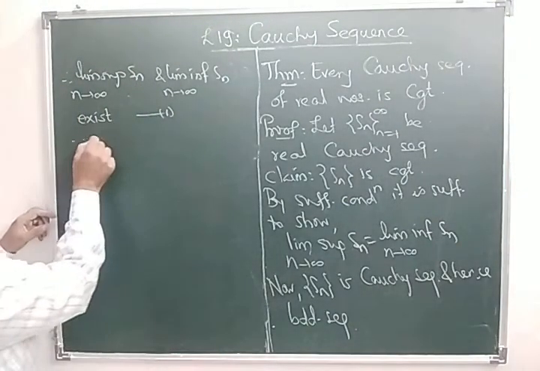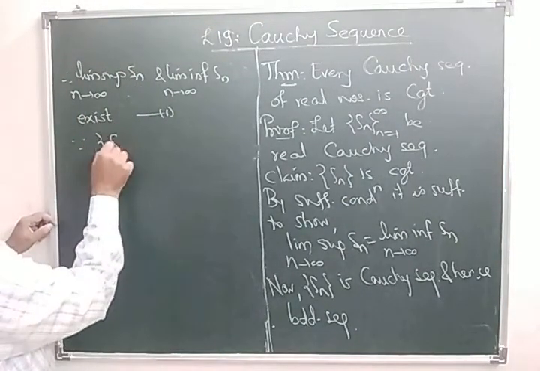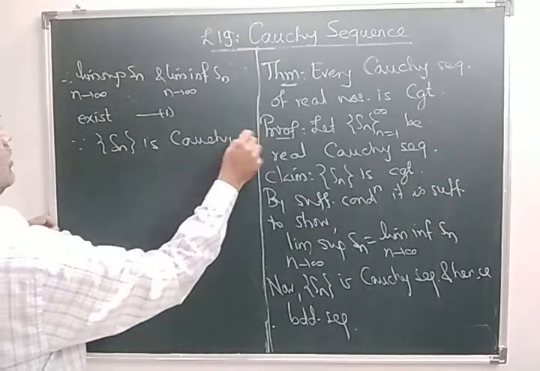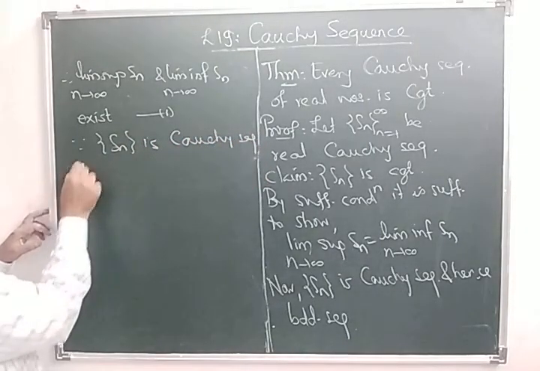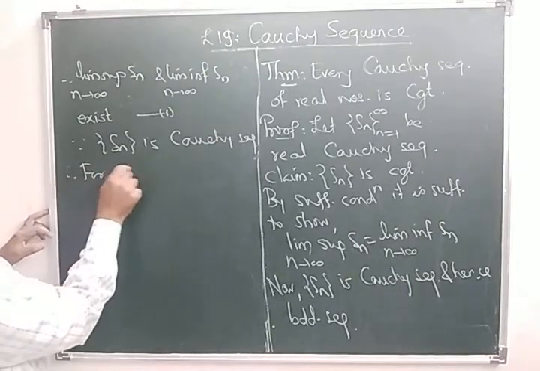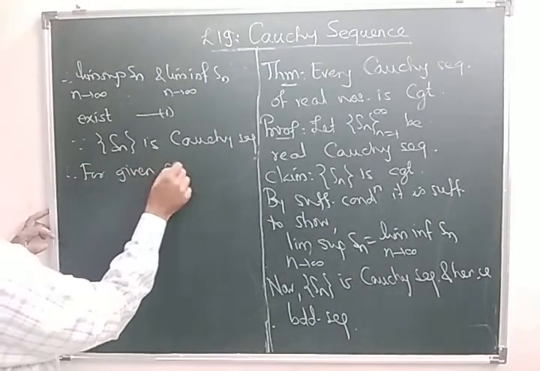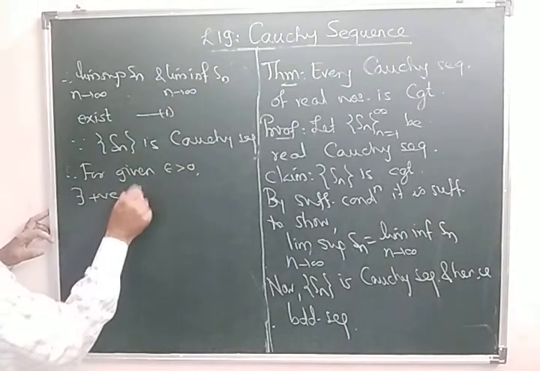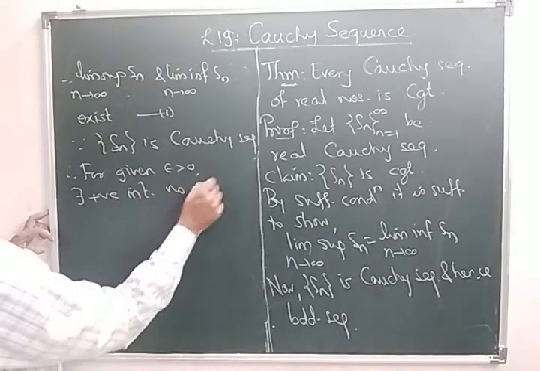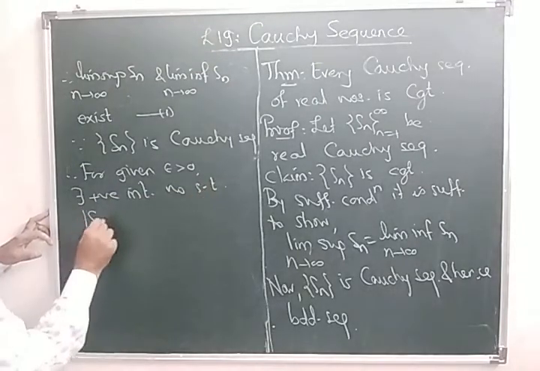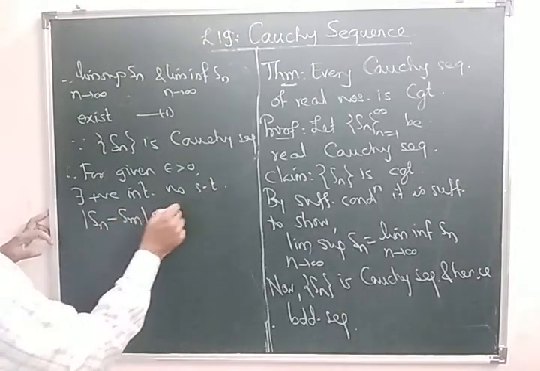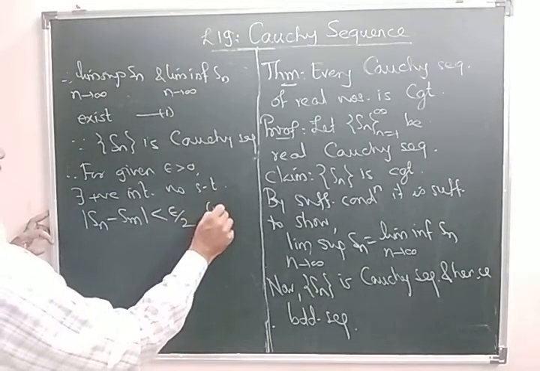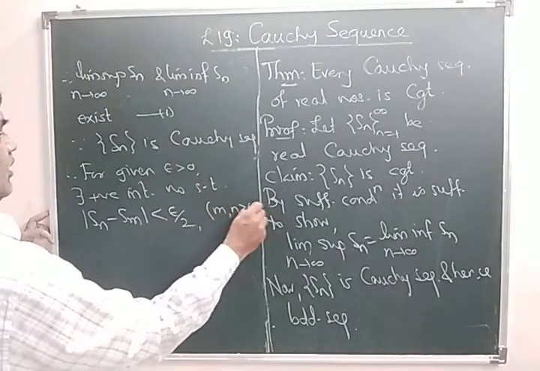Since Sn is Cauchy, for given epsilon greater than 0, there exists positive integer n naught such that mod of Sn minus Sm is less than epsilon by 2 for any m, n greater or equal n naught.